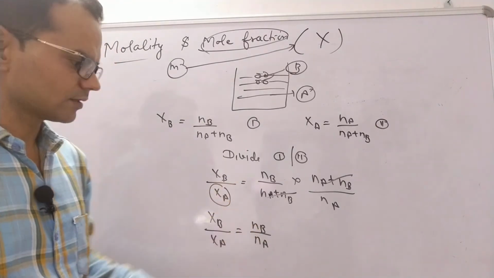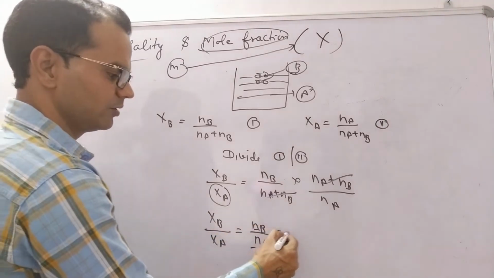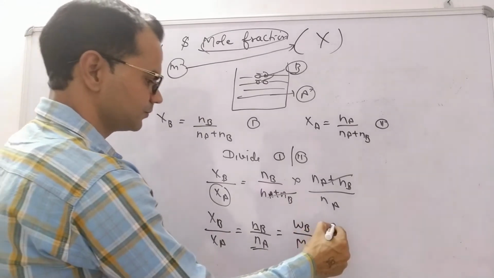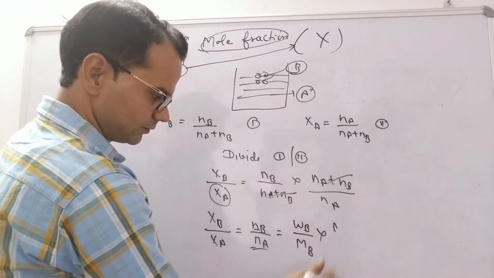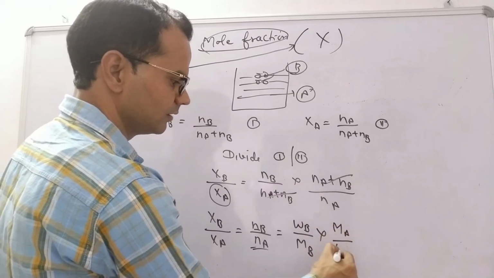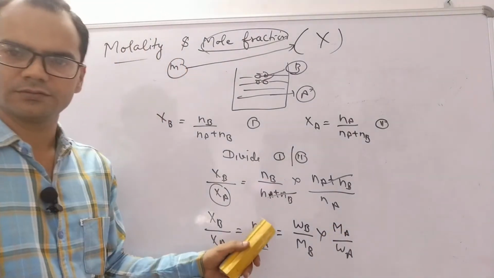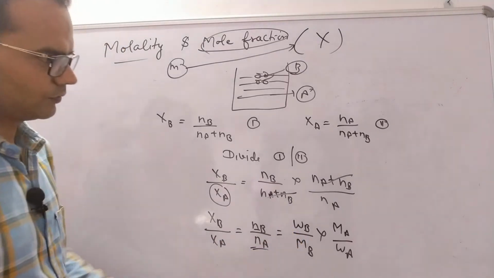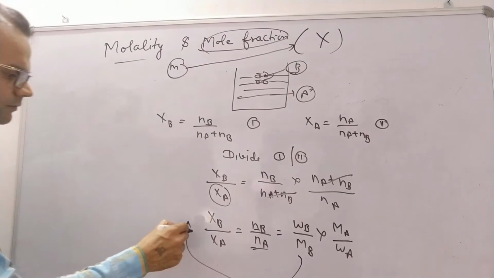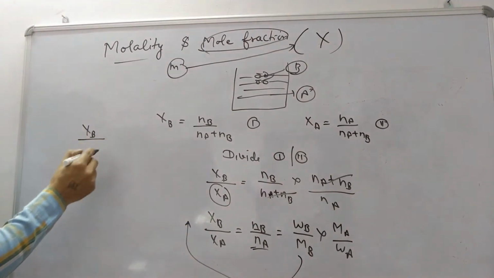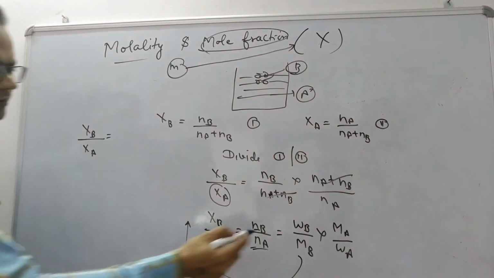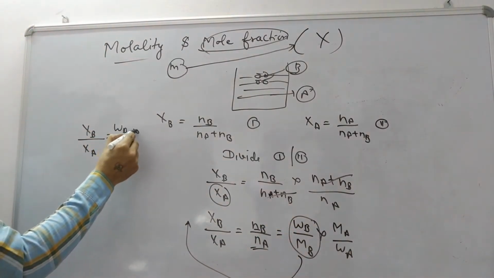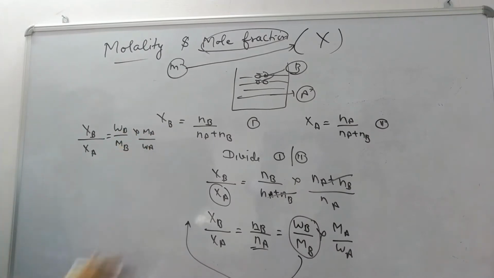Simple. Next, put the values of Nb and Na. Nb is Wb by Mb, and Na is Wa by Ma, so Ma will be here by Wa. Easy. So I am going to write here Xb by Xa equal to Wb by Mb into Ma by Wa.